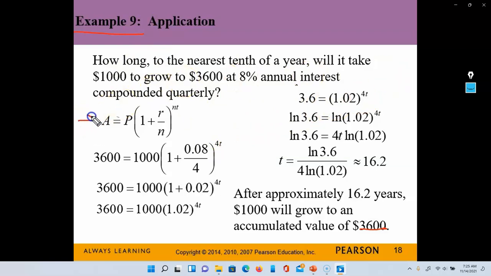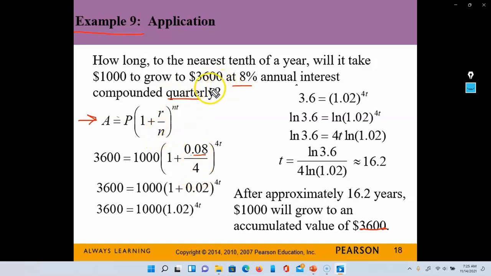So this is the compound interest formula, and A is the future amount, P is your initial starting principal, 1 is in the formula, our rate is 8% that we're going to convert to a decimal fraction, our N is the number of times during the year that it will be compounded, and we're saying it's quarterly, so our N is 4.